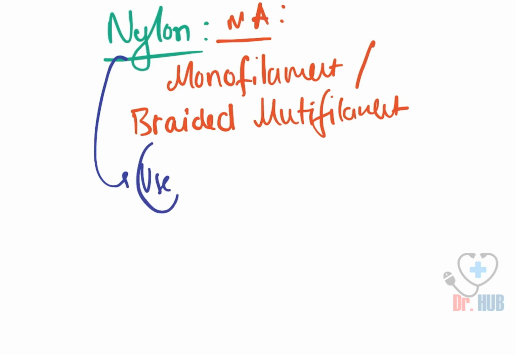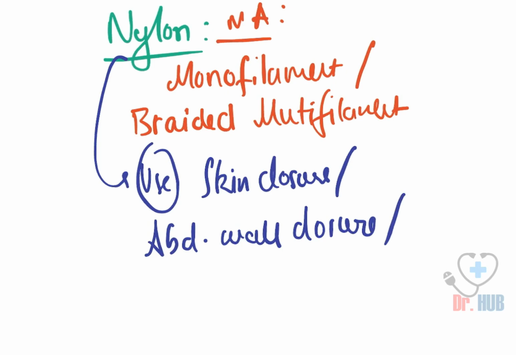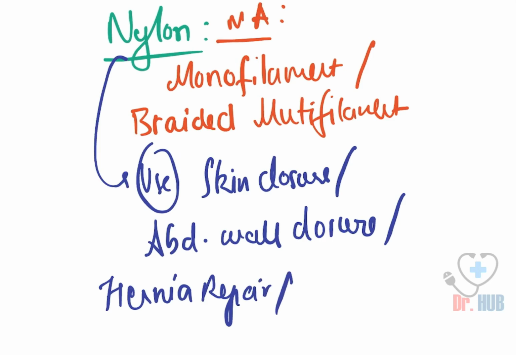The use of the nylon is in skin closure as well as abdominal wall closure. It is used in hernia repair, as well as in neurosurgery, the nylon can be used.